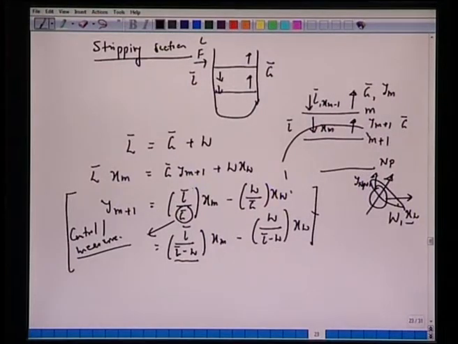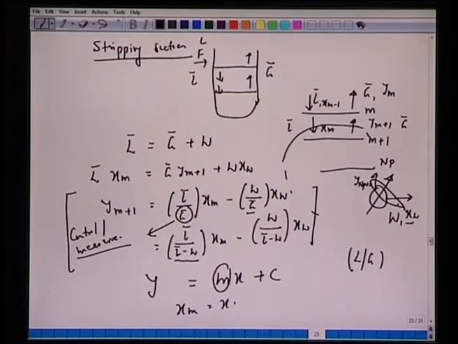Notice this ratio is also constant here. The equation of this line is also y equal to mx plus c. We have the slope as L bar by G bar. Compare this to the previous one when we had the slope of L by G. And now we have the intercept, which is negative here, W over G bar or W over L bar minus W. But again, notice if you put xm as xw, you should be able to get ym plus 1 same as this xw.